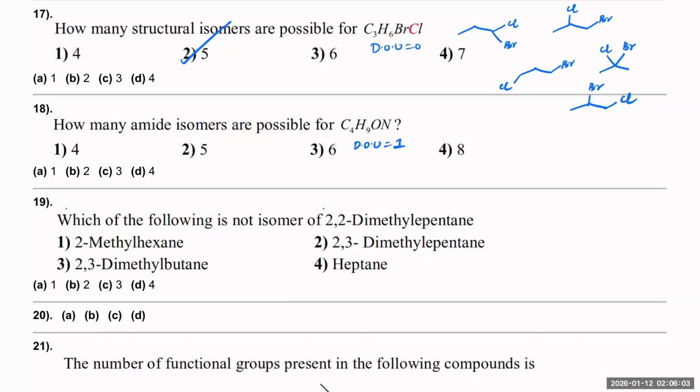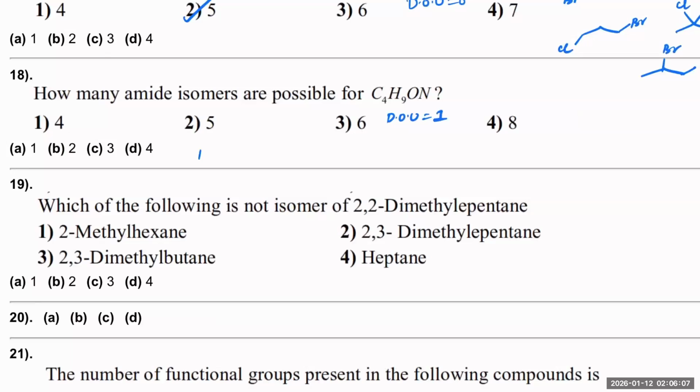So let us start with single hydrogen, okay? So like this, H, C double bond O, N, and 3 carbons we have. So 3 carbons, I can keep it like this. This is, sorry, for straight chain, like this.